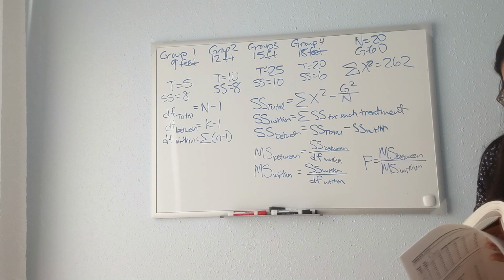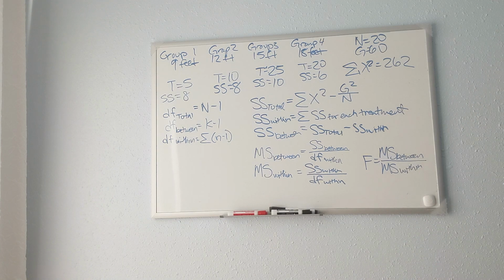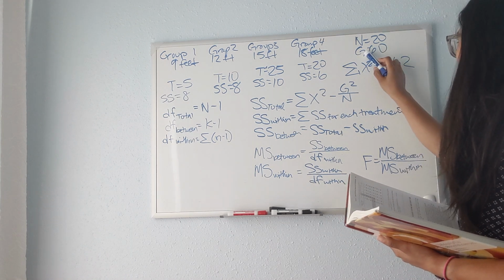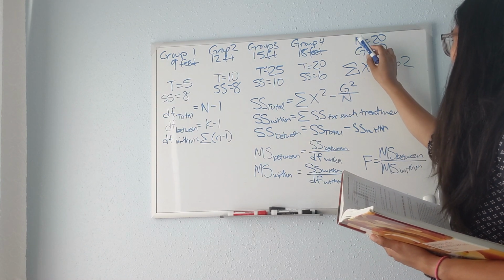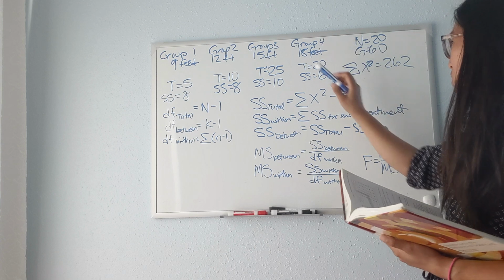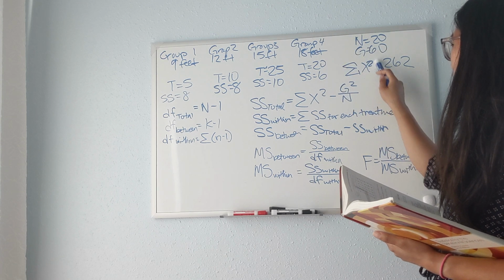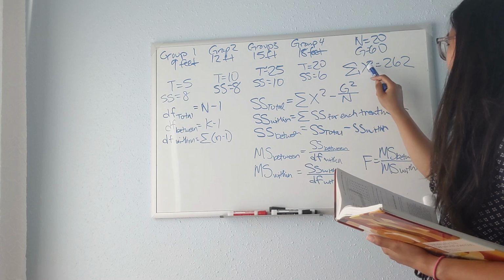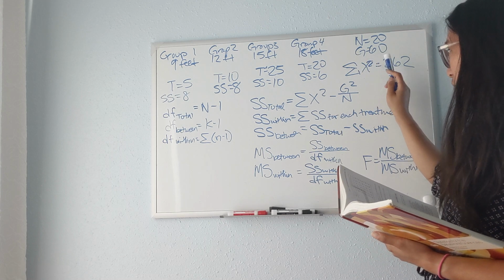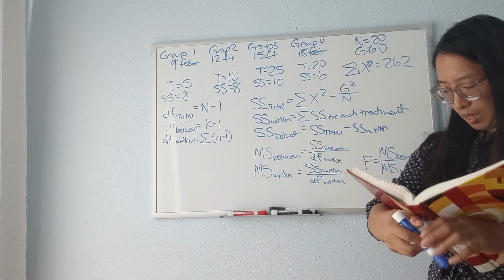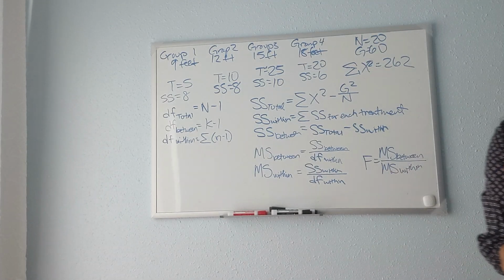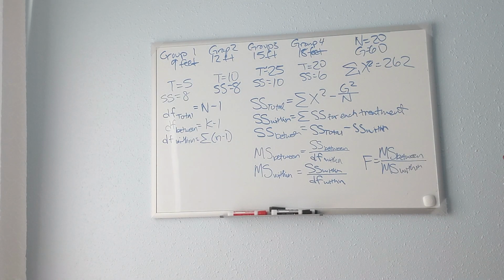G is the grand total, which is already calculated, as well as the total number of participants in the entire study. For this problem, I will also give you the sum of x squared, which will go into the sum of squares total equation.